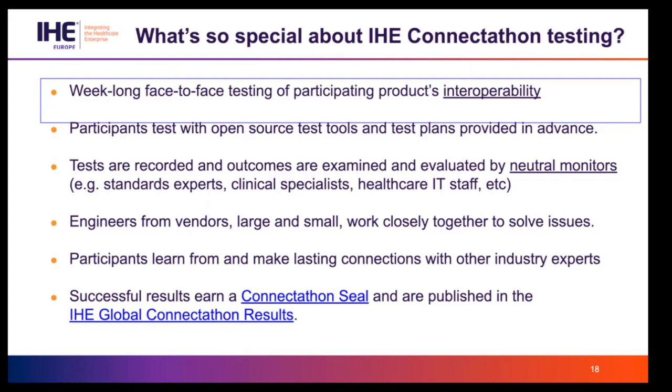We have everything from the next iteration of a product that's currently deployed in the field by some vendors, to a new product or a new implementation, an existing product that they just want to do regression testing on with new partners that they may encounter at clinical sites, or something that's close to the beginning of development, and you're not even sure if it's fully compliant. We accept all of those, and I think there are benefits to your development cycle in bringing all of those to the table.